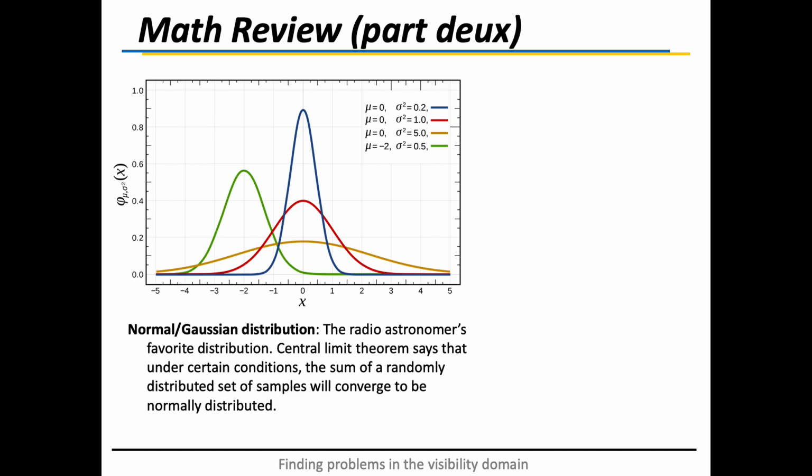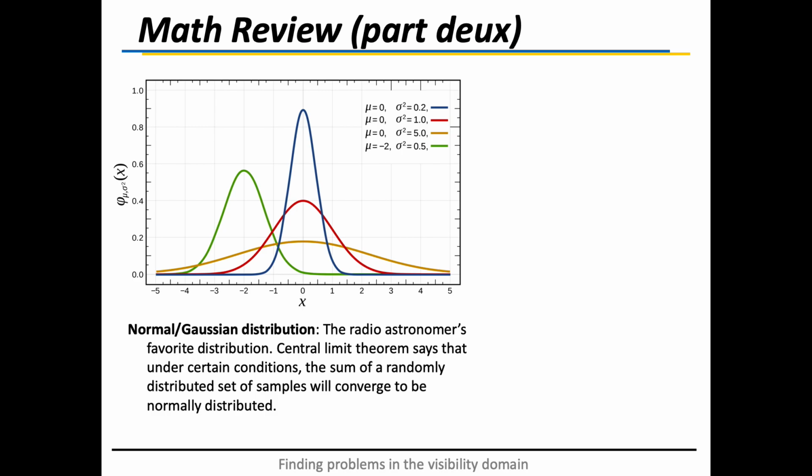Normal or Gaussian distributions are some of the most commonly used statistical distributions in radio astronomy and astronomy writ large. The reason for that is relatively simple, kind of comes back to the central limit theorem, which basically says that if you have a very large set of samples that are drawn from some distribution, doesn't have to be normal, it can be any distribution, with a well-defined mean and a well-defined variance, the sum of all those samples, the kind of error or noise statistics on that sum, actually converges to normal or Gaussian statistics.